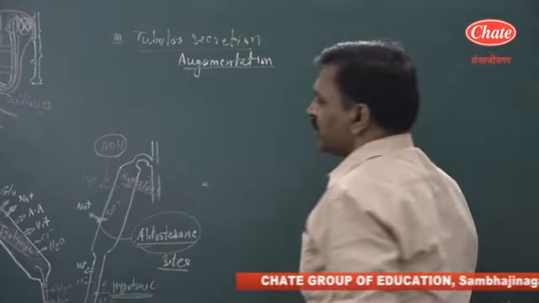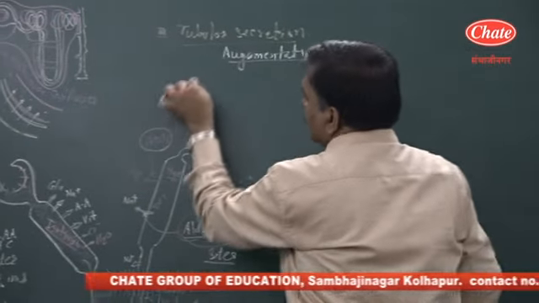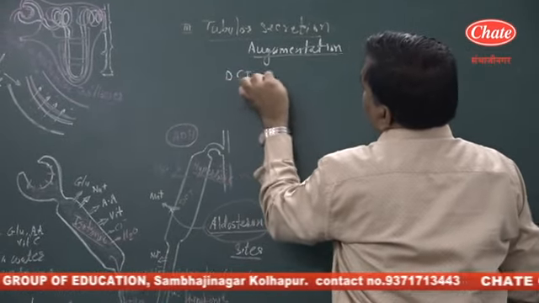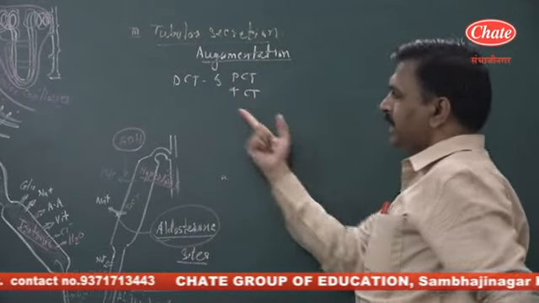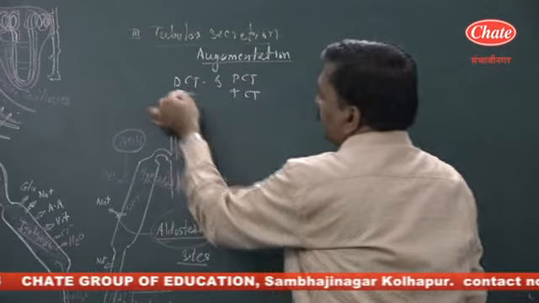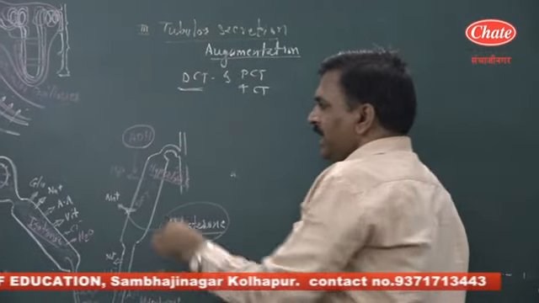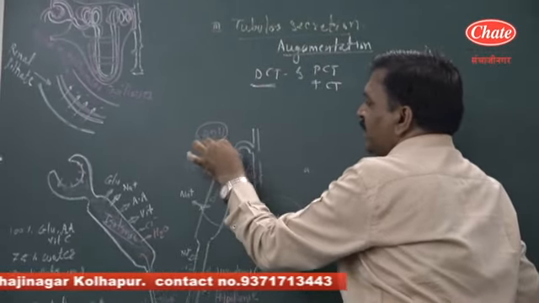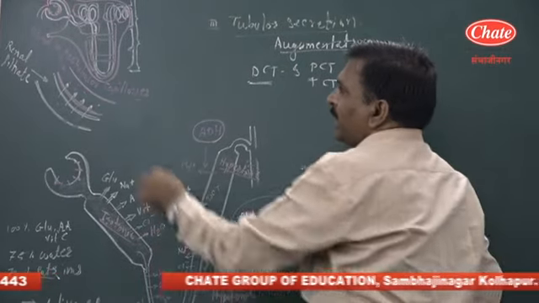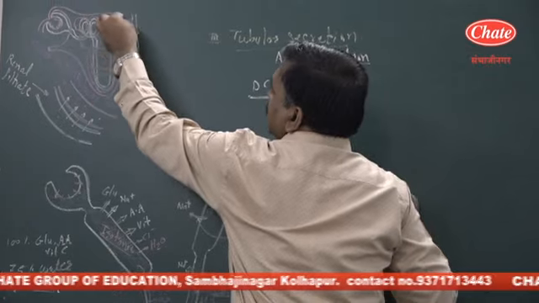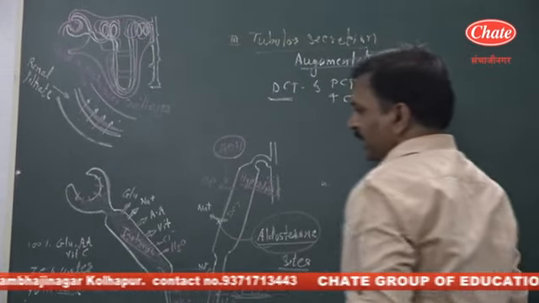Tubular secretion mainly occurs in the DCT, but it also occurs in the PCT and collecting tubule. The main site of tubular secretion is the DCT. In the DCT, some content which escaped during ultrafiltration enters the blood in the peritubular capillary network.